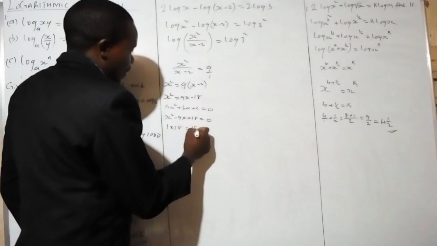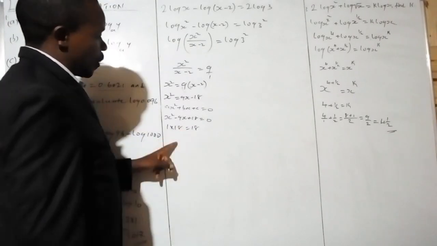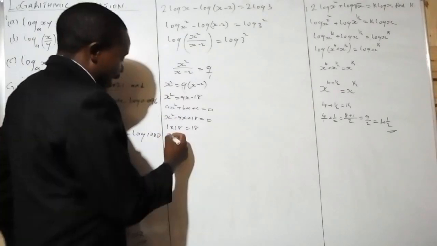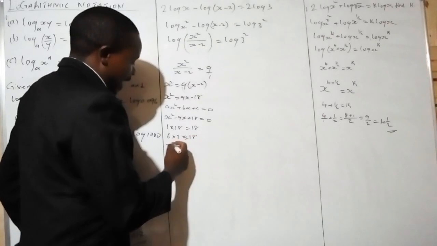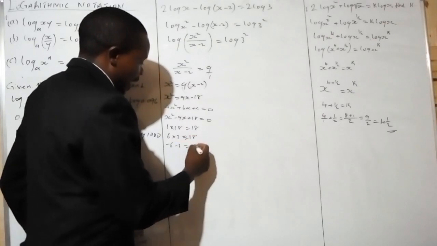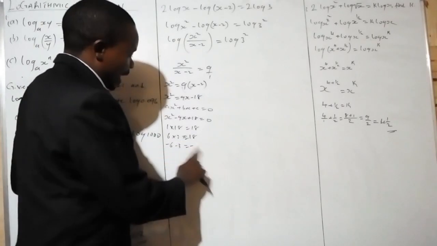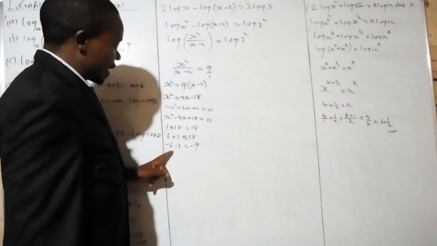From the factors of 18, we want negative 9. 6 times 3 is equal to 18, but negative 6, negative 3 is equal to negative 18. So where we have negative 9, you can replace with negative 6x, negative 3x.